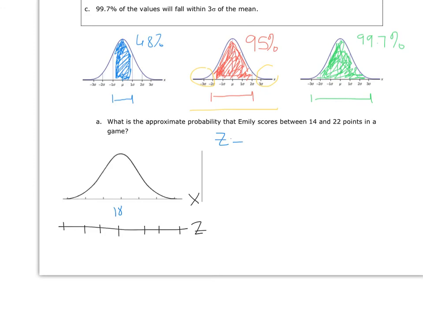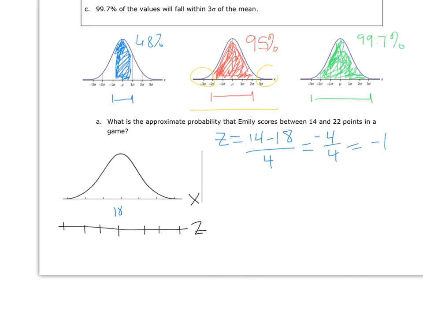So take 14 minus 18 over 4. That gives us negative 4 over 4, so we get a negative 1.